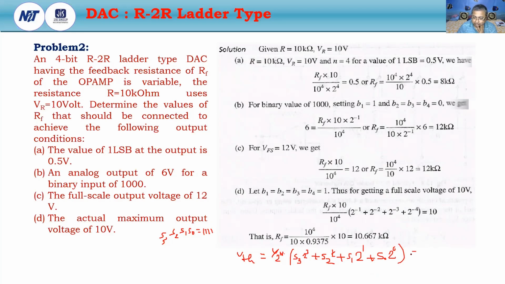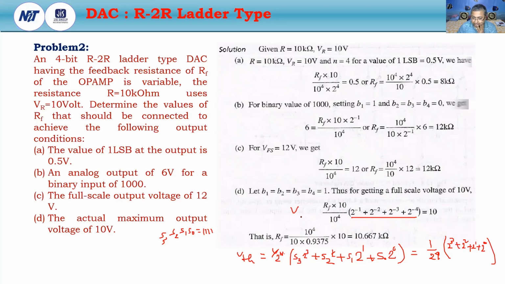Now put the values: 1 by 2 to the power of 4 into 2 to the power of 3 plus 2 to the power of 2 plus 2 to the power of 1 plus 2 to the power of 0. Now multiply with 2 to the power of 4. Then you will get 2 to the power of minus 1, 2 to the power of minus 2, 2 to the power of minus 3, 2 to the power of minus 4.